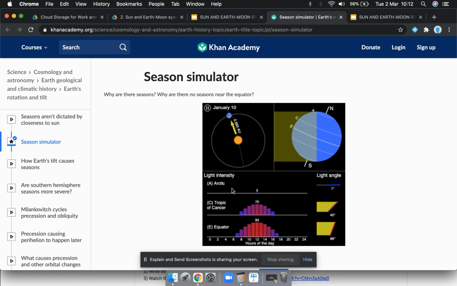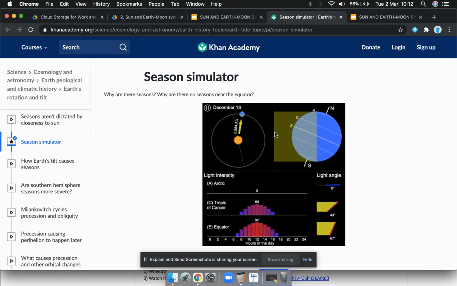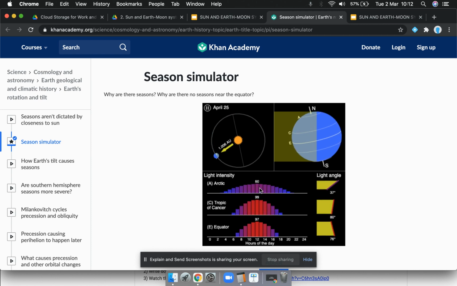Okay, you can see the light intensity though. So let's have a look at the northern hemisphere. So we're looking here at the Arctic. Okay, so when is the light most intense in the year? Okay, and you can see the light intensity changing as the year goes on.